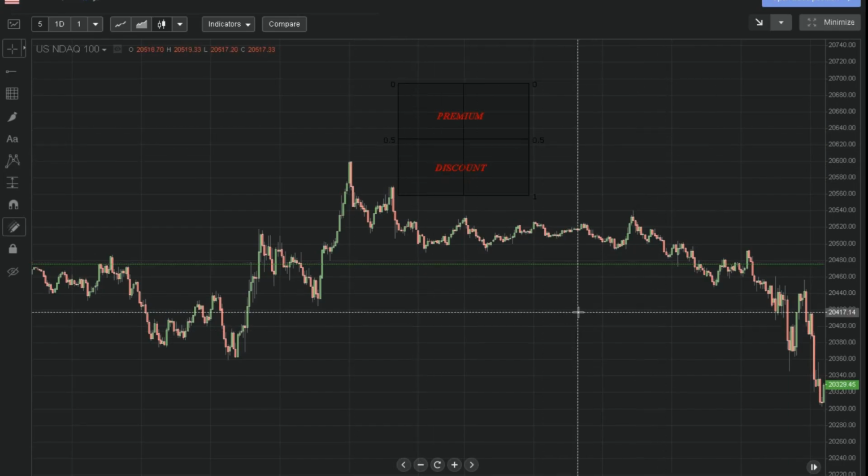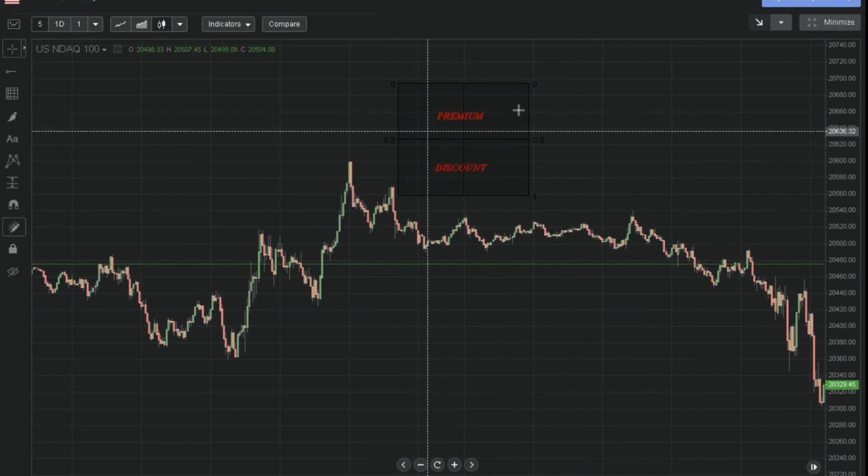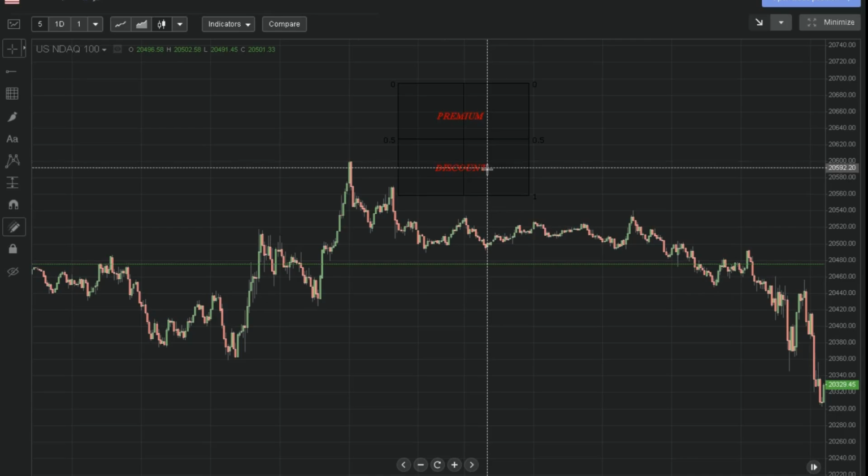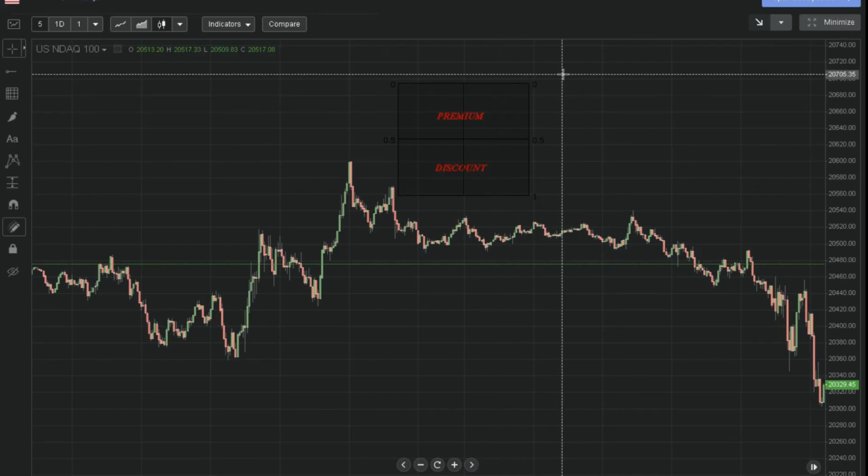So when price goes into the discount zone, there is a big chance that price might reverse and go up. It doesn't matter how much money you have. Even millionaires are always trying to seek a discount price.